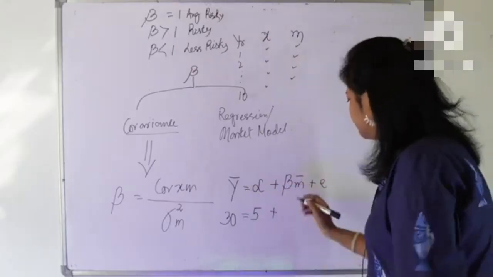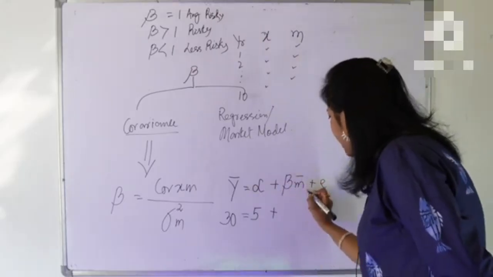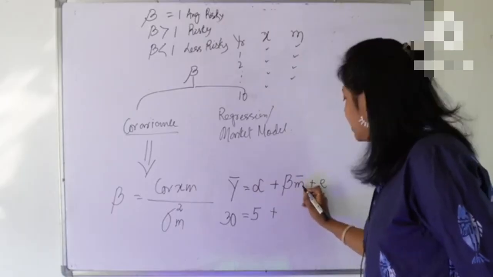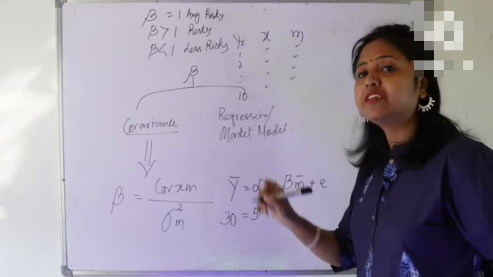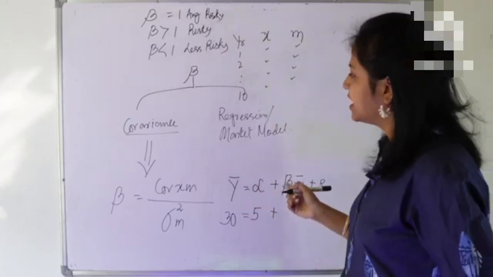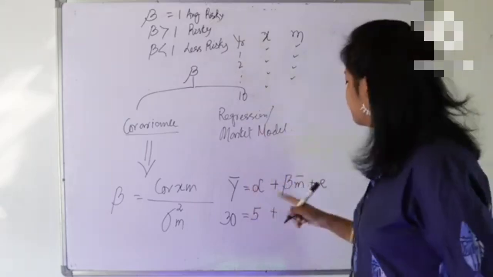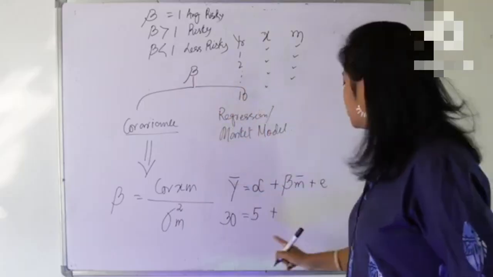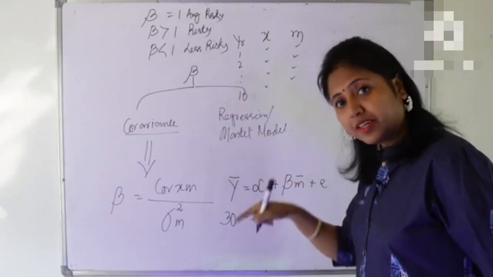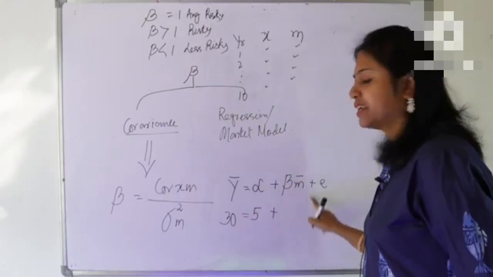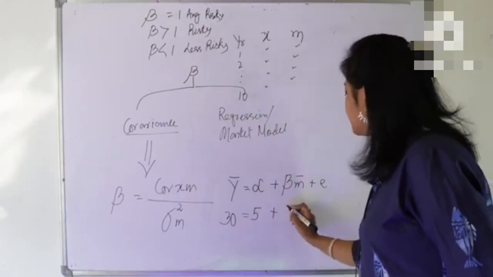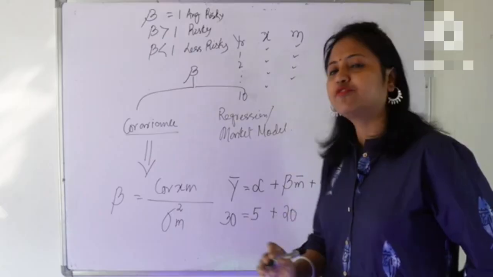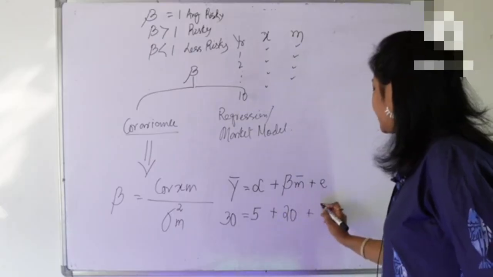Now, the market return is the average return expected from the market, and it is multiplied by the beta of the security, because as we saw in the last video, beta will be equal to 1, greater than 1, or less than 1. We place the value of beta of that particular security multiplied by the average market return. Suppose I get 20 here. So 20 plus 5 is 25, and the rest is because of error.